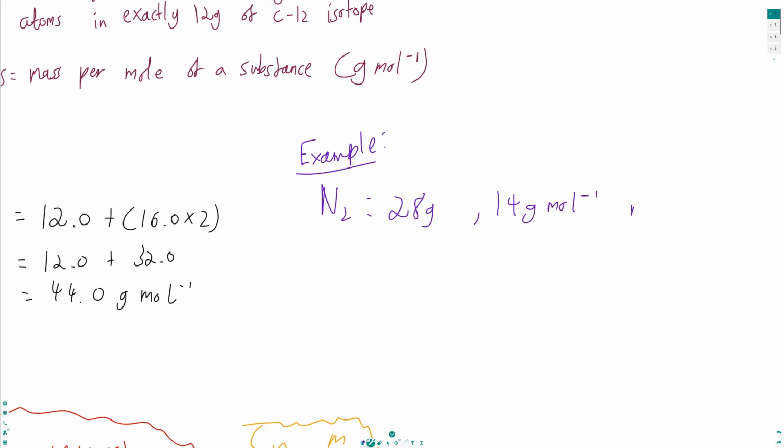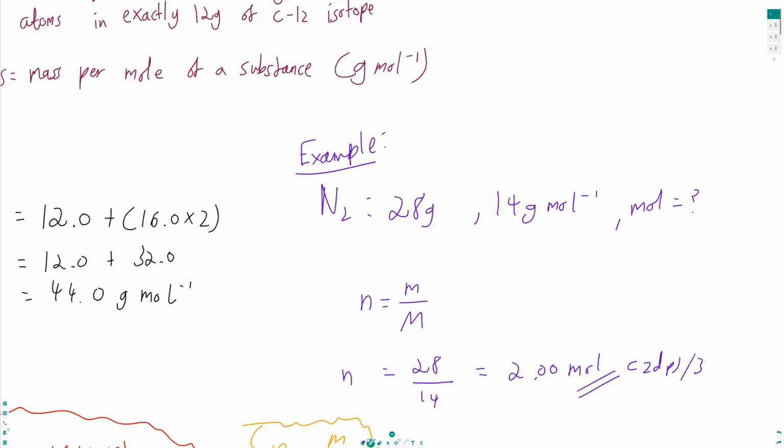We want to know how many moles that is. First write the formula, N equals small m over big M. So N equals 28 over 14, which is 2.00 moles, correct to 3 significant figures.